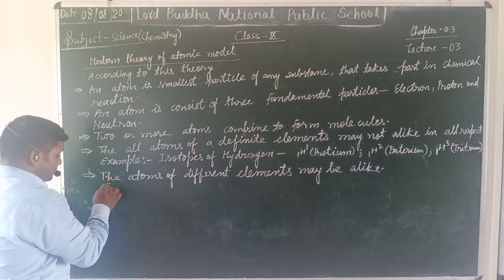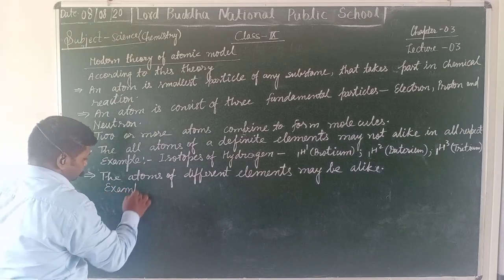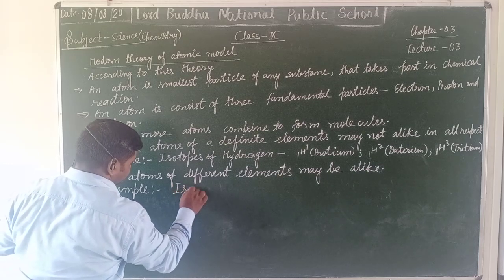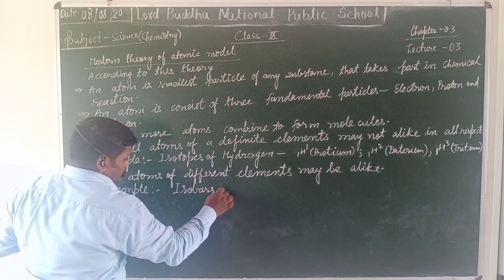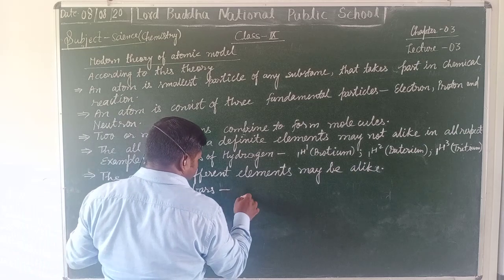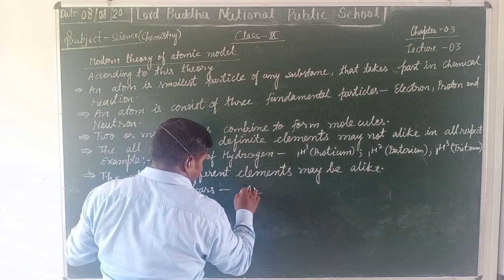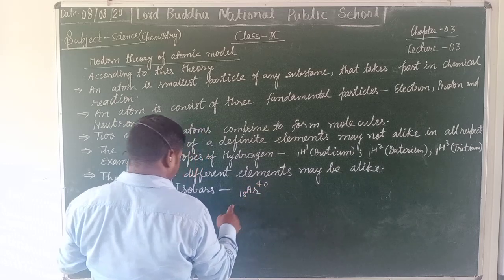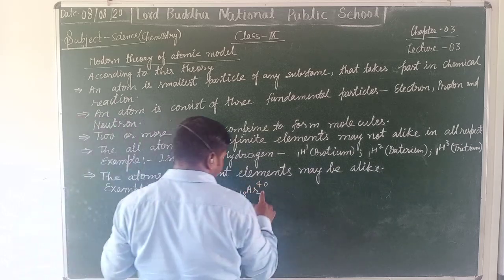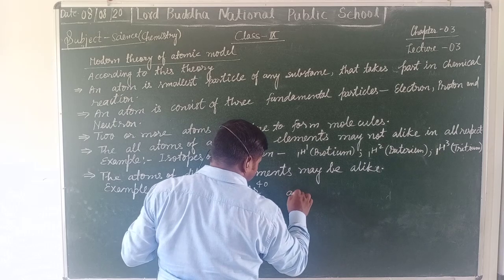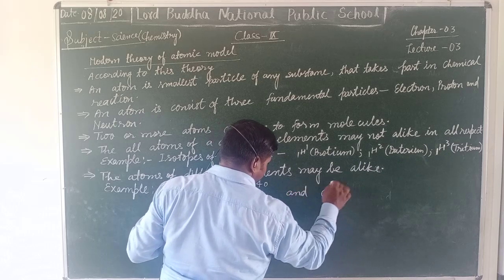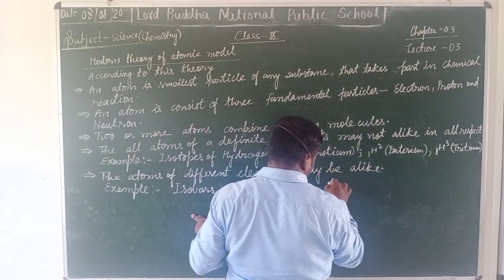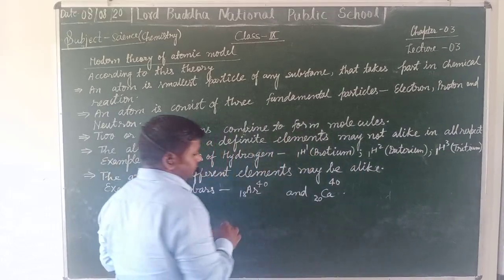Yes, with the discovery of isobars. As I took the example of argon, 18Ar40, mass number is 40 and atomic number is 18. And calcium, the atomic number is 20 and mass number is 40.